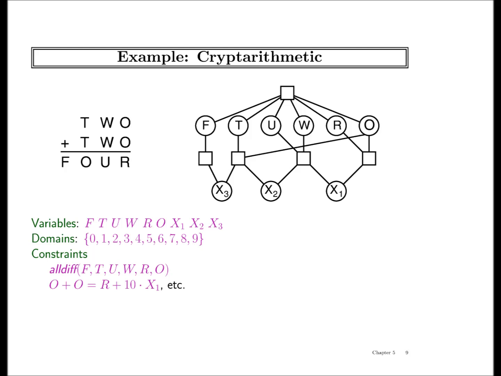So if my constraint language allows such a constraint which is represented with addition, that's great. But suppose it doesn't allow, then what could I do? Well, I can define variables x1, x2, x3 which are the carry for each of these points. Then I can say that O plus O should be equal to R plus the carry x1 times 10.